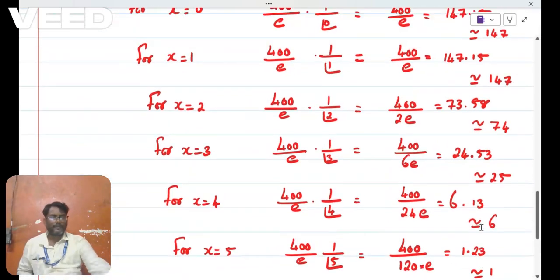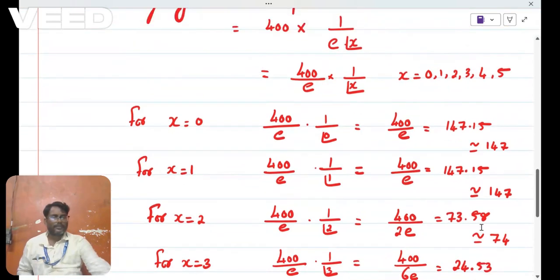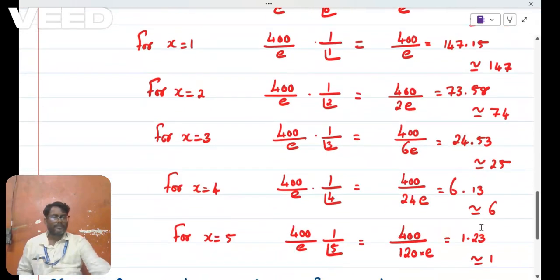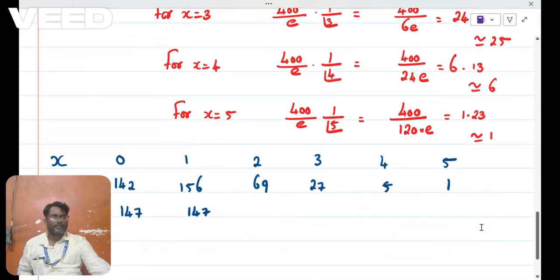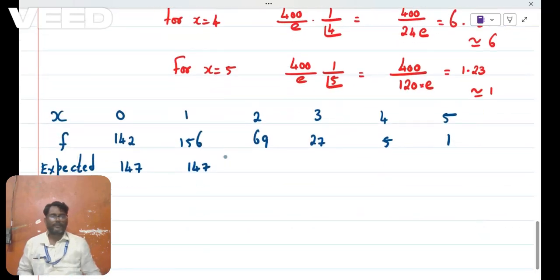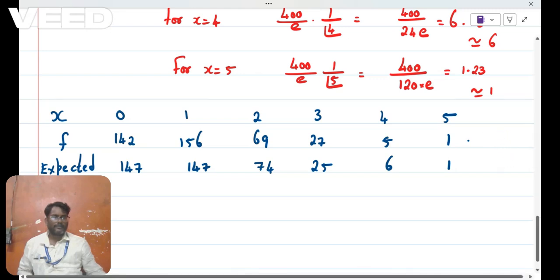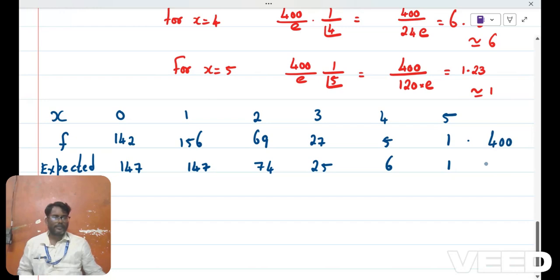If you move up, you will get 147, 147, 74, 25, 6, 1, and both the sums are equal to 400, and here also the total sum is 400.